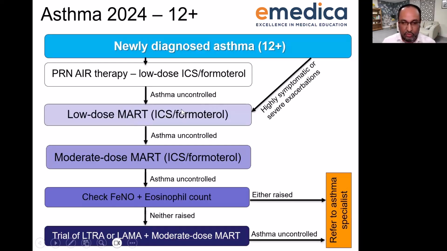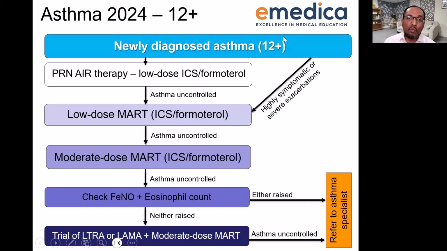In all of these options, do you see there is no salbutamol anymore? There's no SABA. It's removed in the new guideline for adults completely, because anyone on MART doesn't need a separate salbutamol inhaler. You just take a few extra doses of the same thing, because the LABA, formoterol, is a fast-acting long-acting beta agonist.